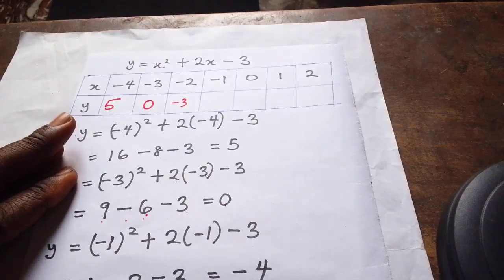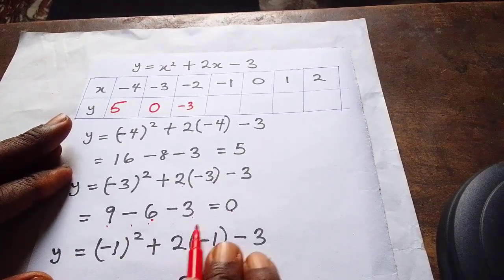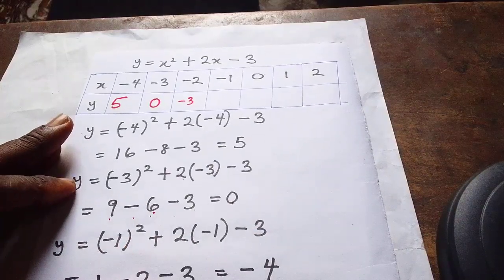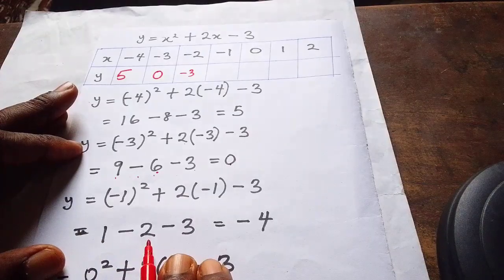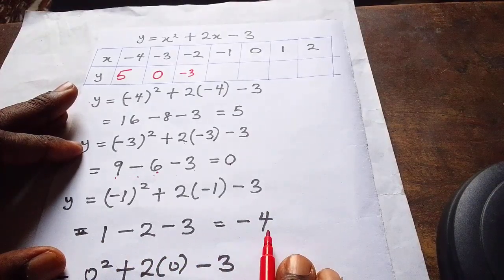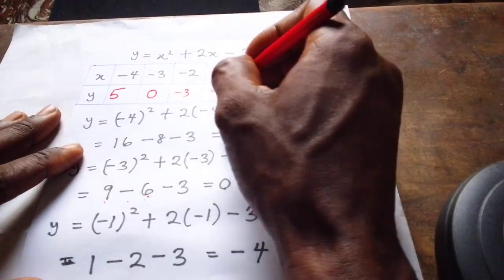Then when x is minus 1, let's substitute: minus 1 squared plus 2 times minus 1 minus 3. Minus 1 squared is plus 1. Then 2 times minus 1 is minus 2. Then minus 3. 1 minus 2 minus 3 gives us minus 4. So when x is minus 1, y is minus 4.